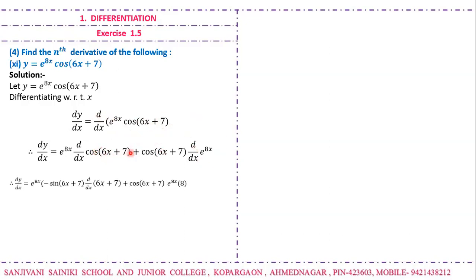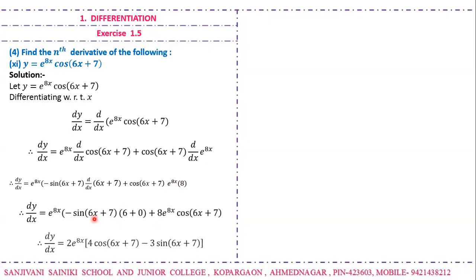So cos of 6x plus 7, its derivative is minus sin of 6x plus 7 into d by dx of 6x plus 7, which is 6, and e raised to 8x has derivative 8. Here I will take a 2 common, 2 e raised to 8x, common from both these terms, and this positive term I will write first and this negative term second. So dy by dx is 2 e raised to 8x into 5. This I have adjusted, this 5 just now.